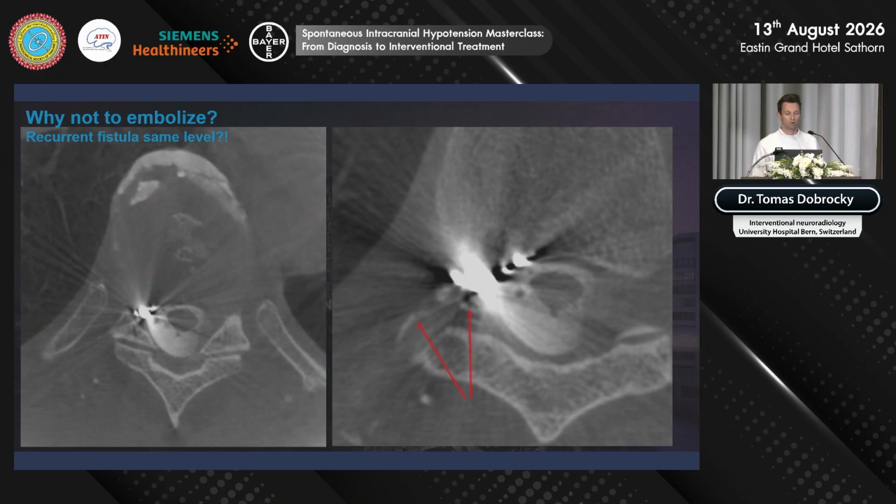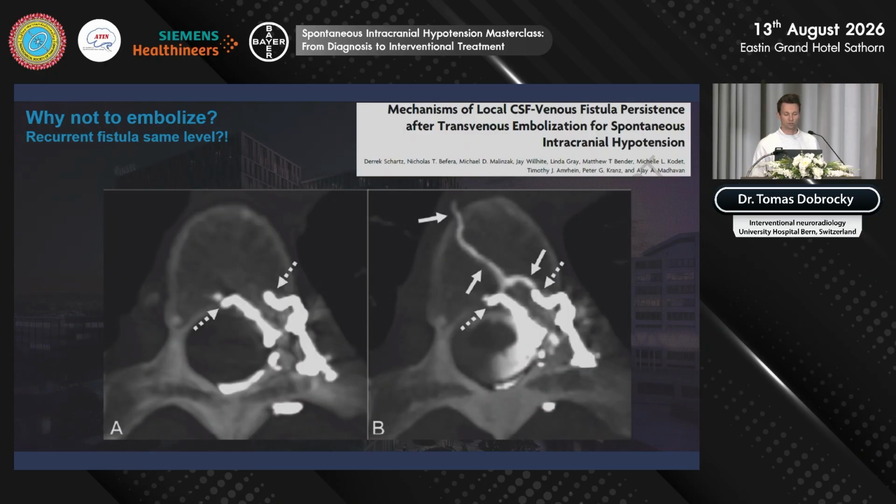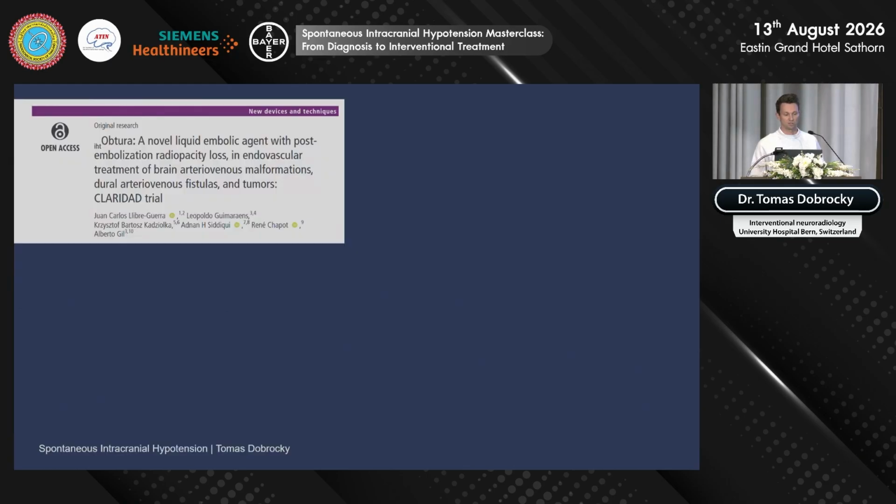No matter how much experience you have, it is going to be difficult. And we have seen patients who do have recurrences at the same level, but more frequently on other levels. So we know that patients with CSF venous fistulas might have recurrences, a lot of times on adjacent levels, but still this is something where imaging quality is important.